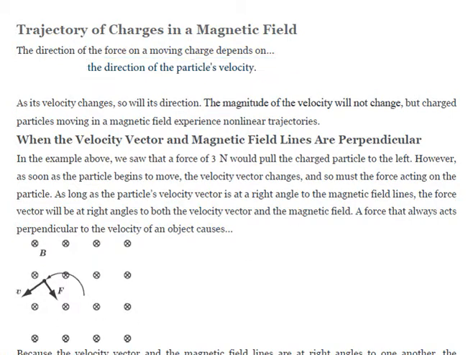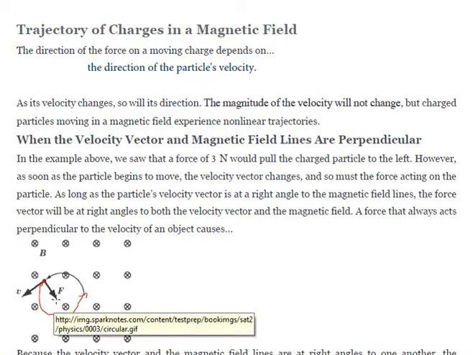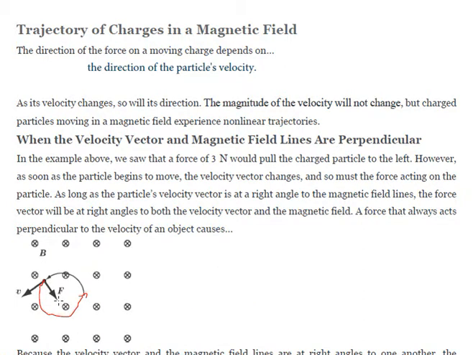If we kept going here, it would come right back around to where it started. That's a pretty awful picture. The force should be pointed towards the center of the circle. I don't know what happened there. A force that always acts perpendicular to the velocity of an object causes circular motion.